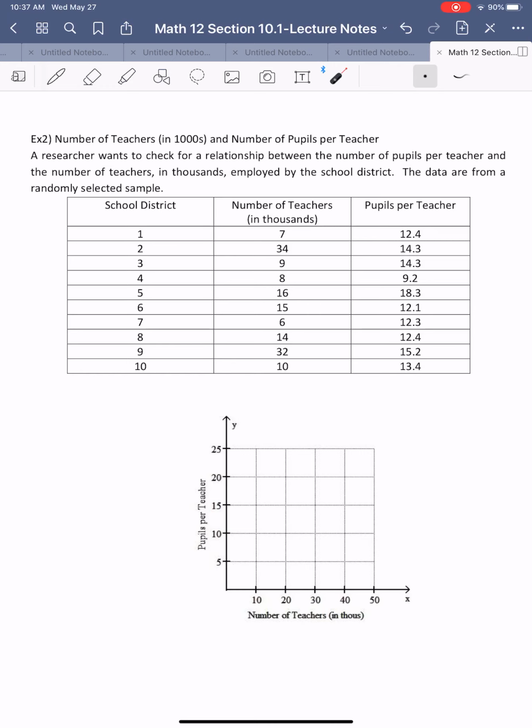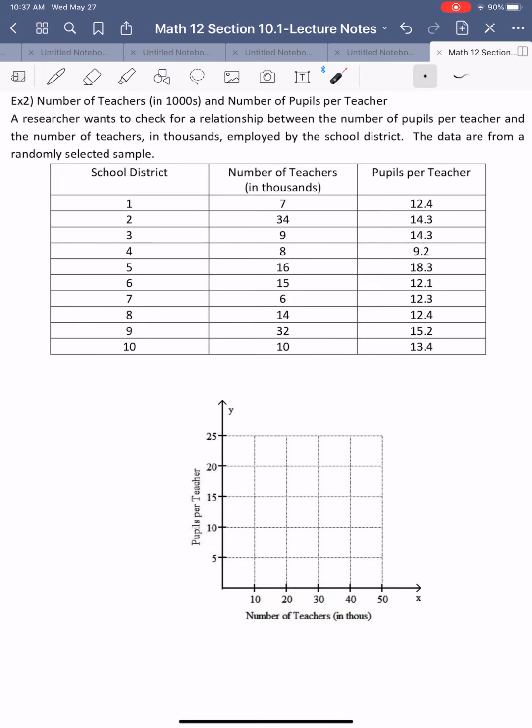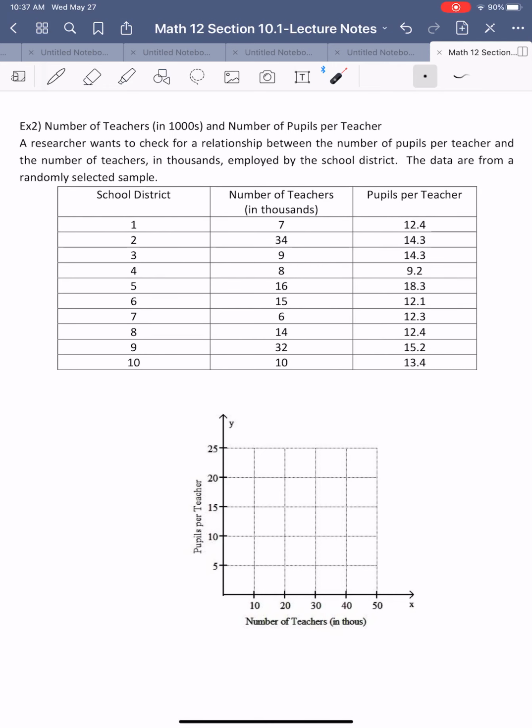Okay, so I want to plot them. All right, so the number of teachers is the horizontal axis, and pupils per teacher is the vertical axis. Okay, so let's see. District 1 has 7 teachers and 12.4 students. It's about 7 about here.